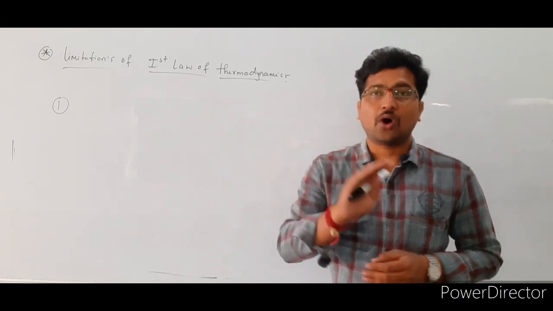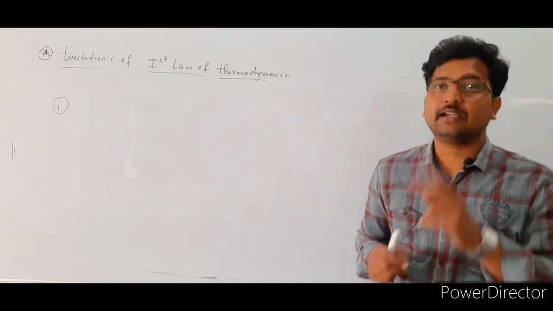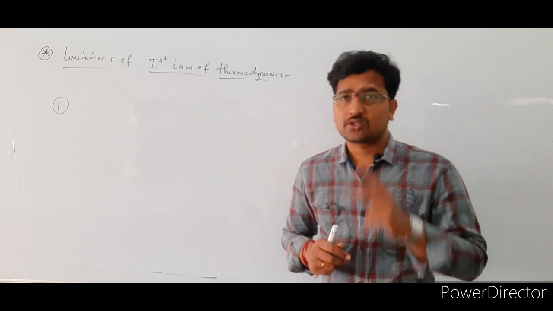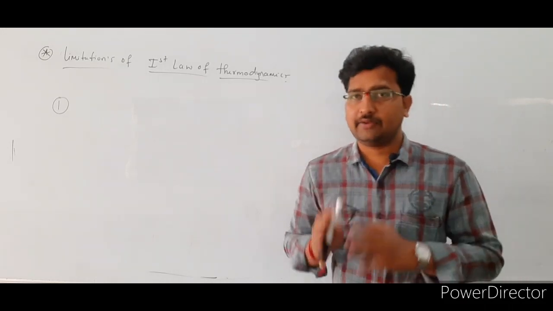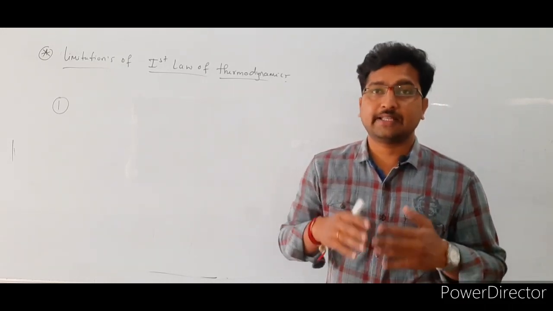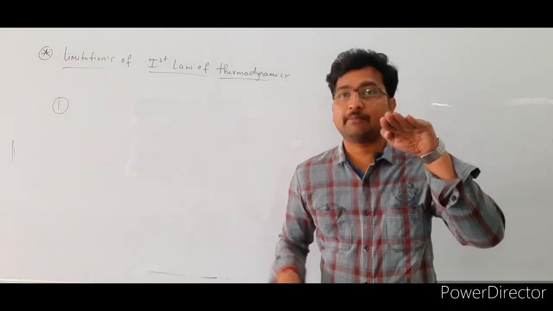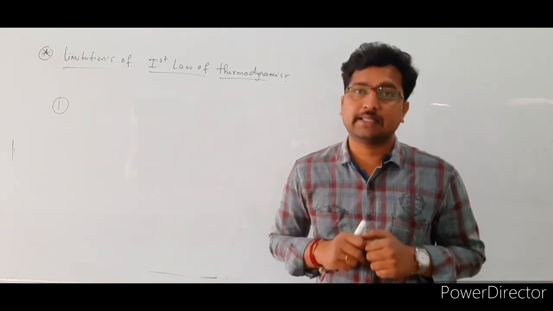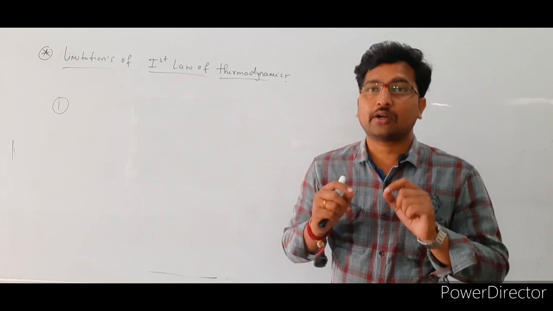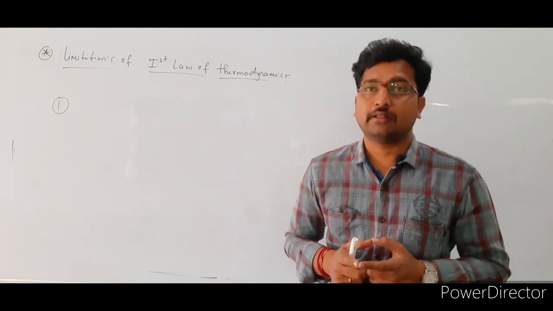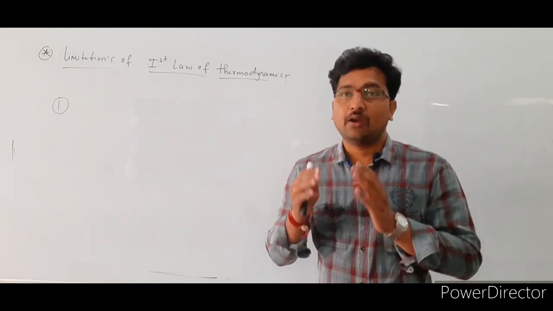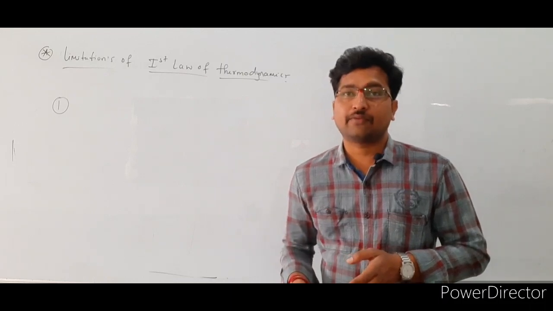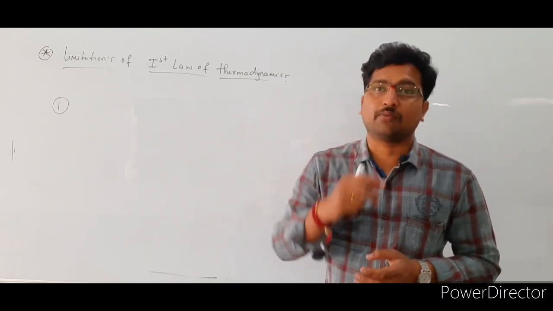Already we know that heat is a form of energy, always transferred from a higher temperature region to a lower temperature region, but this law does not give any information why heat is not flowing from a cold body to a hot body.